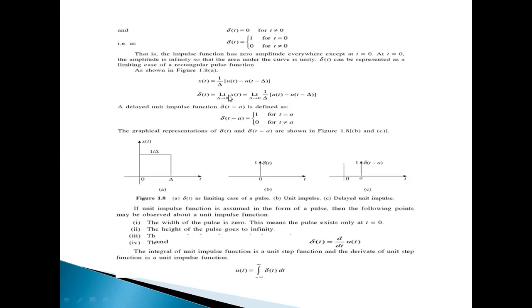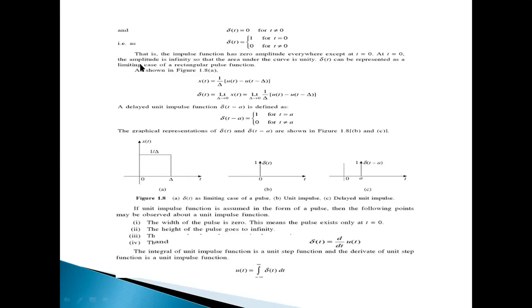Okay. Now the relation between the step and the impulse function. The impulse function has zero amplitude everywhere except at t is equal to 0. Everywhere means for the negative values from minus 1 to minus infinity, and positive values from 1 to infinity, all the values are 0 except at t is equal to 0.